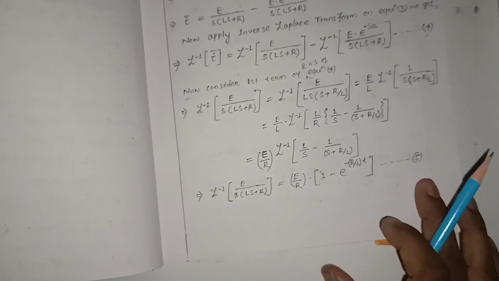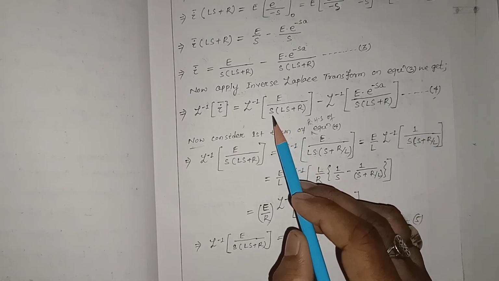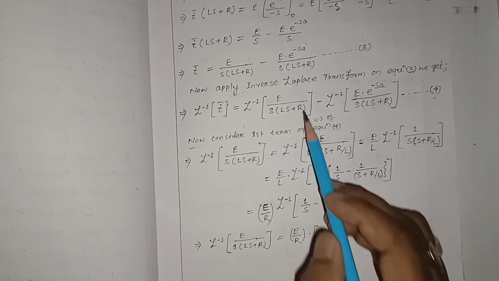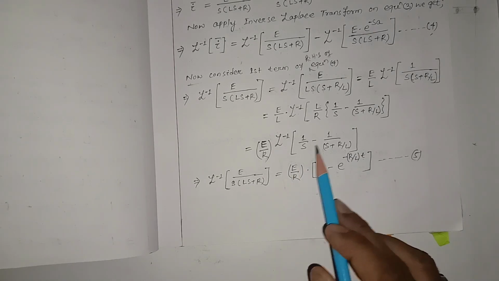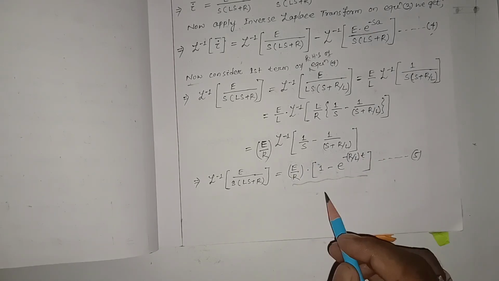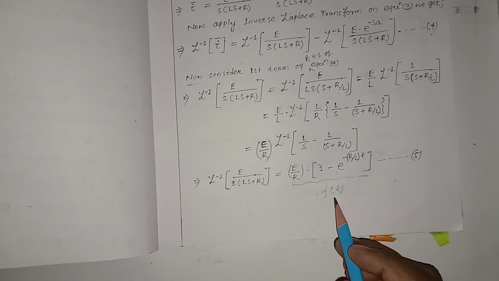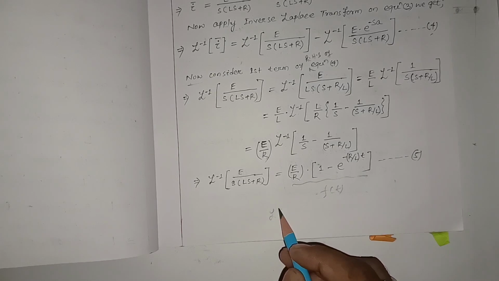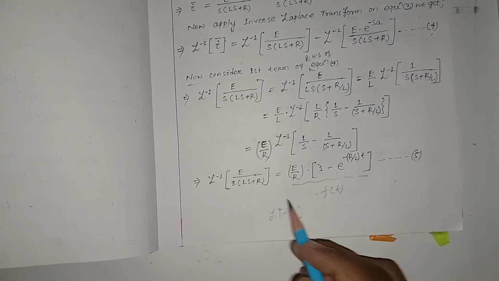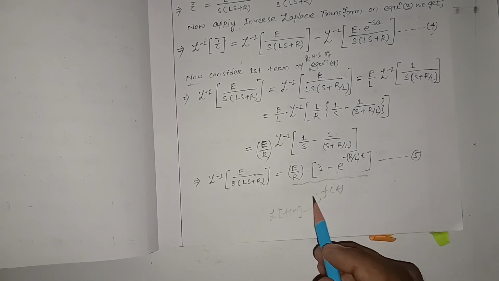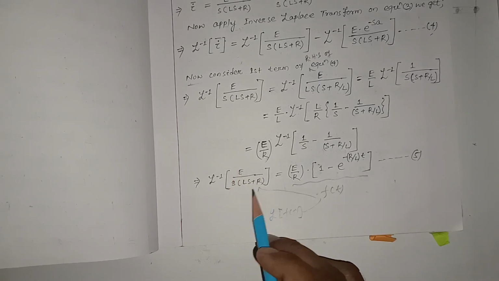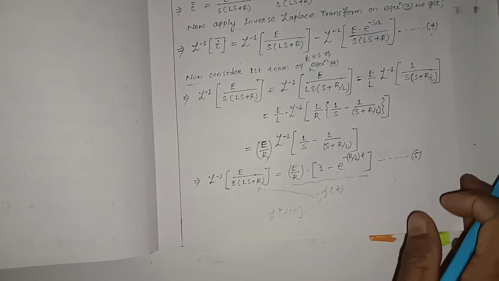I'm going to show you. See here, E by S into LS plus R, its inverse Laplace transform is this one. This is the so-called f of t. That means the inverse Laplace transform of this one is f of t, right?